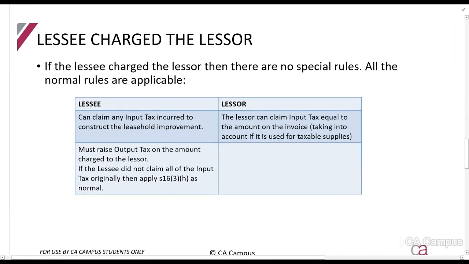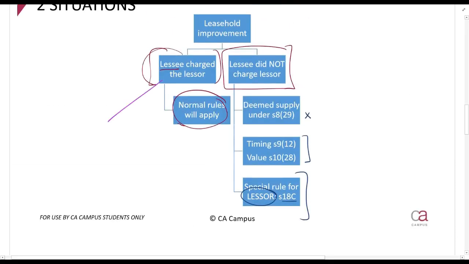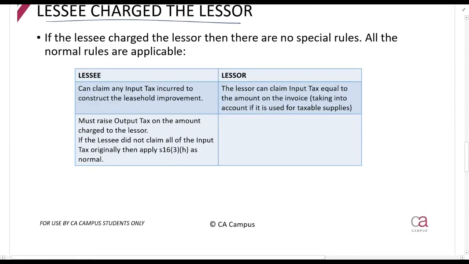So let's talk about it. First up, if the lessee charged the lessor, so that's scenario A, it will just be the normal rules that apply. So here you go, the lessee can claim input tax and they must raise output tax. The lessor can then claim as input tax whatever this output tax was that was raised. Remember our usual examples where I say here's the seller, and the seller gives something to the buyer.